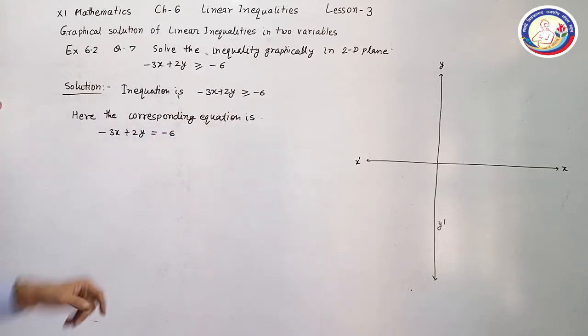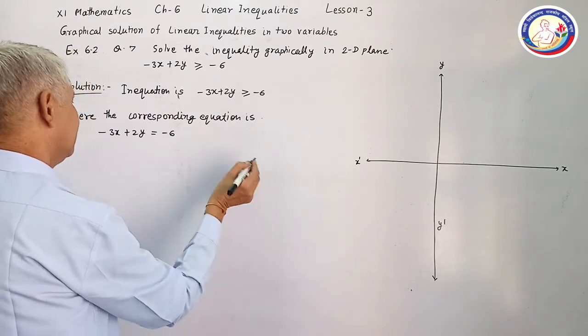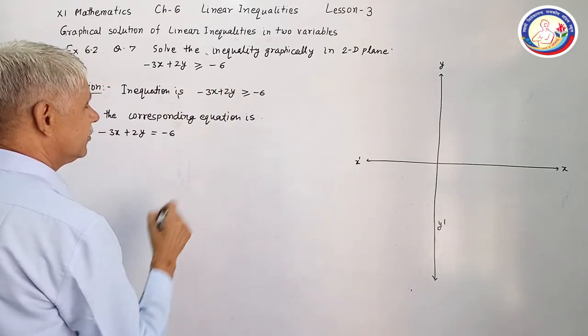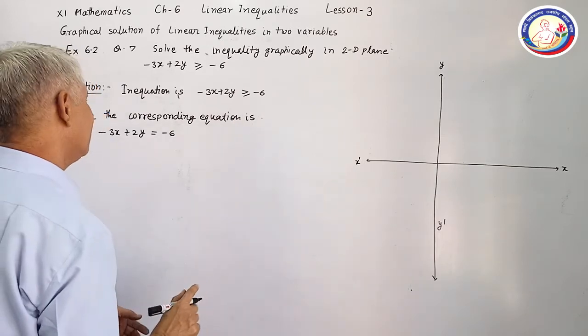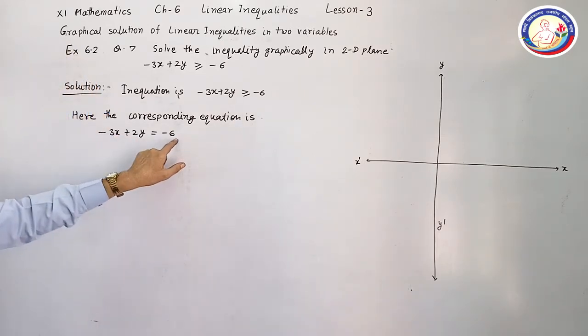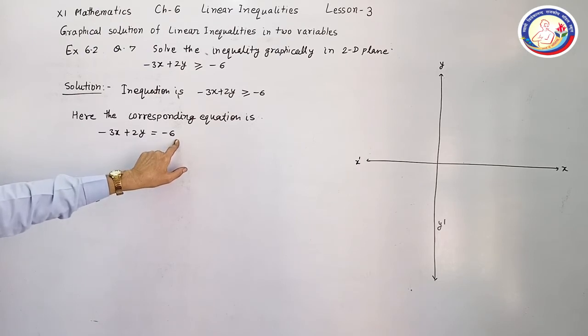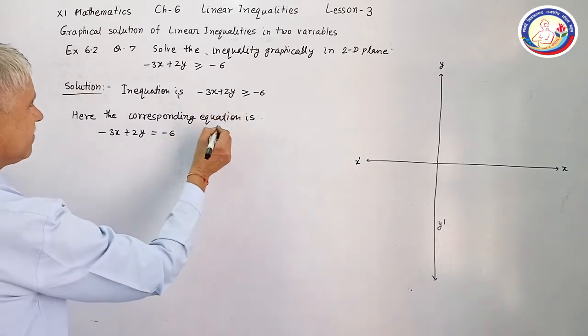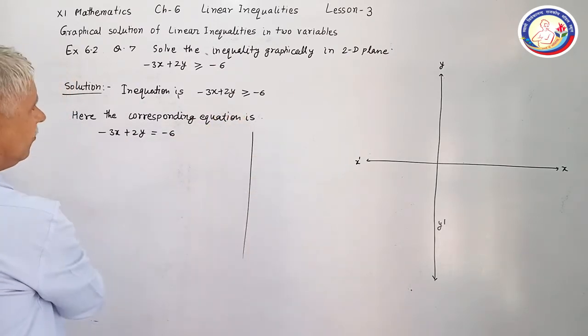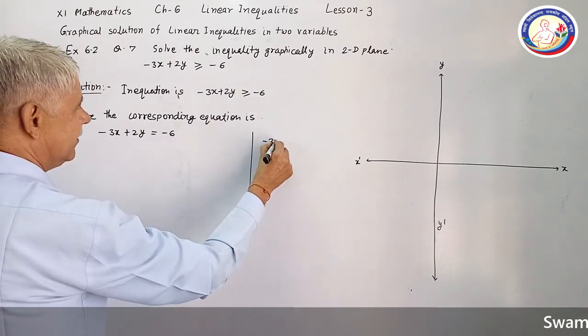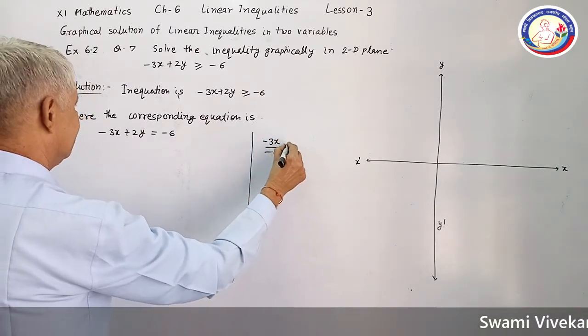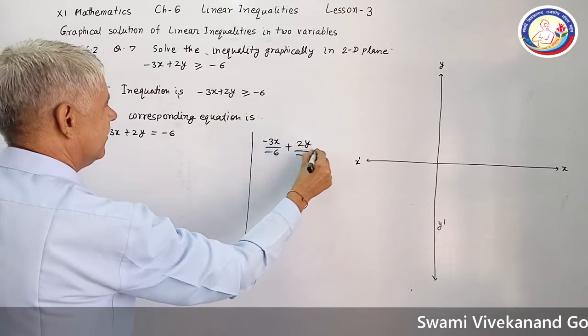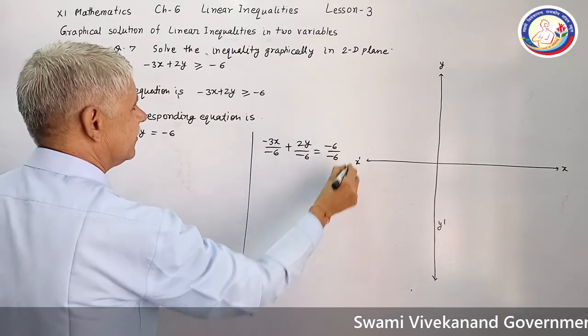Plot this on graph paper. One way I told you earlier, you can use that, and it is easy to find solutions. Find two points on the x-axis or y-axis, because 2 and 3 both divide 6. It will solve our purpose. So dividing all the terms by minus 6: minus 3x upon minus 6 plus 2y upon minus 6 equal to minus 6 upon minus 6.